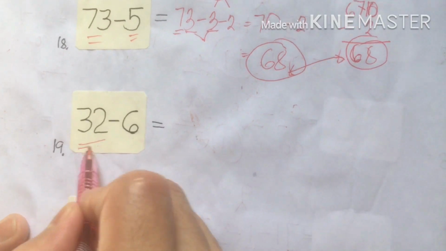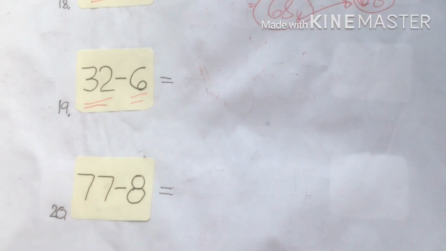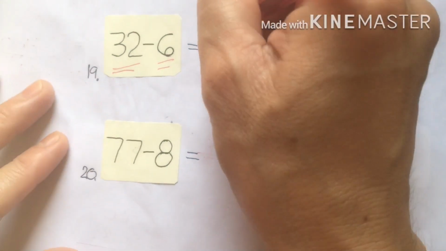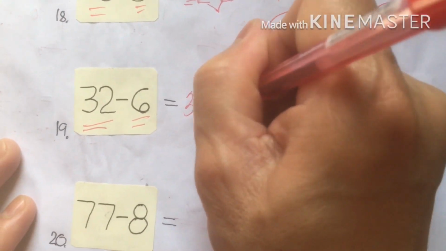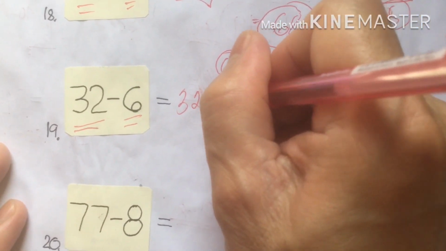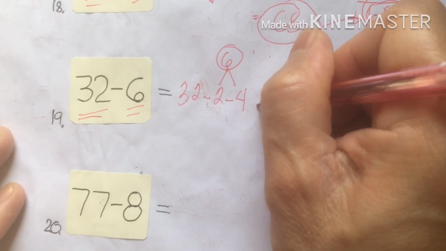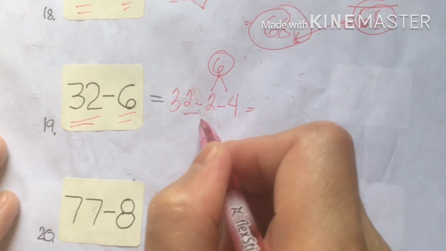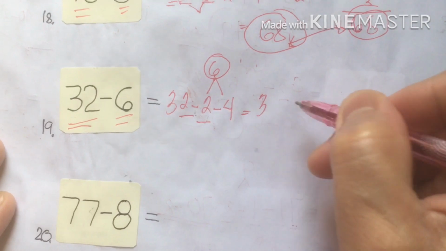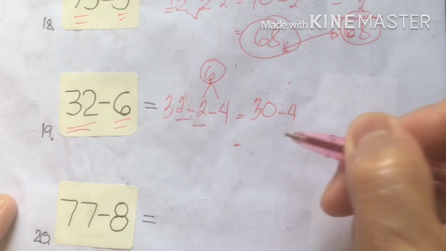19, 32 minus 6. This is actually the last for the third exercises. We write 32. So break 6. Okay. So we can break it like that, right? It's easy, guys. Actually, at the first and foremost, you might be confused, but when you follow that, it is easy, right?